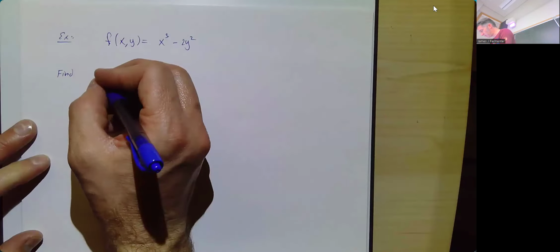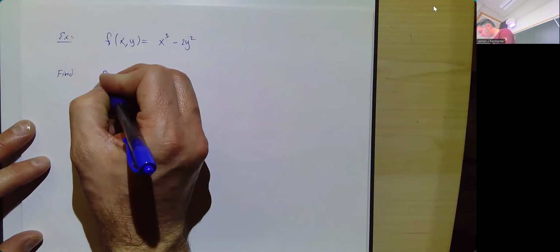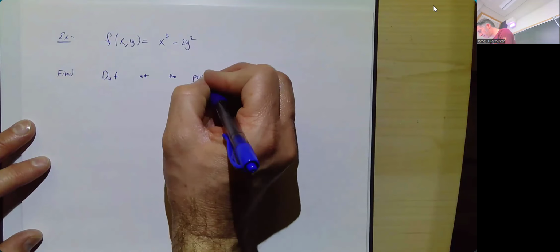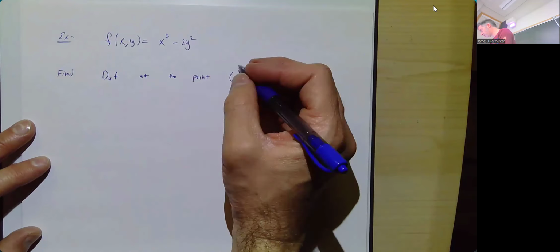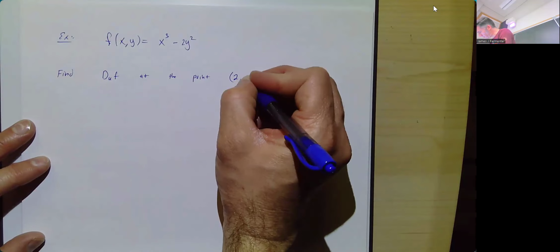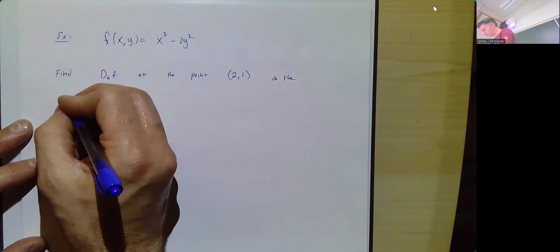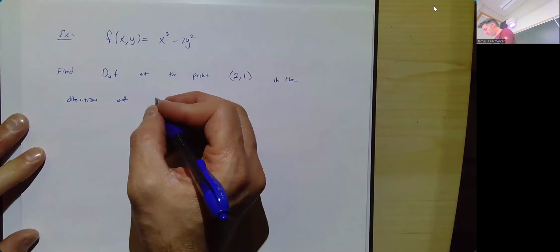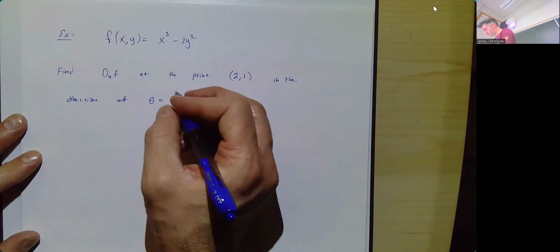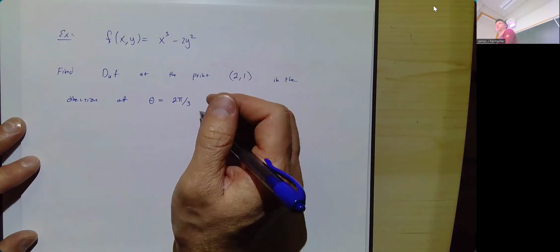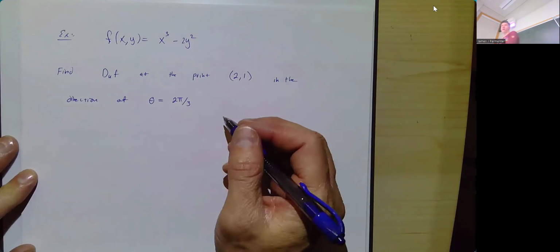Let's think about it. So we want to find the directional derivative at the point (2, 1) in the direction of theta equal to 2 pi over 3, where we're measuring from the x-axis.